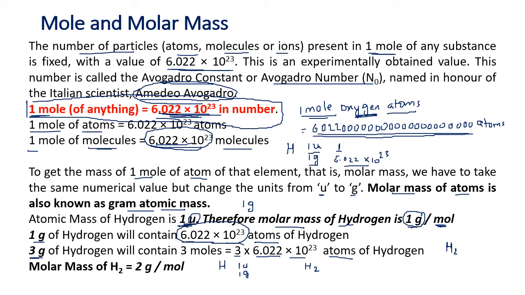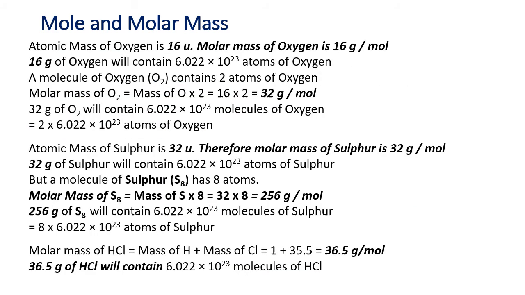But when I take H2, 1 mole actually weighs 2 grams. 1 mole of H2 will have 6.022 into 10 to the 23 molecules. So when I say atoms, the number becomes atoms. When I say molecules, the number becomes molecules. We'll try out a few numericals to understand the concept.